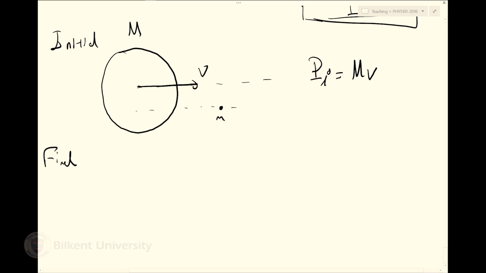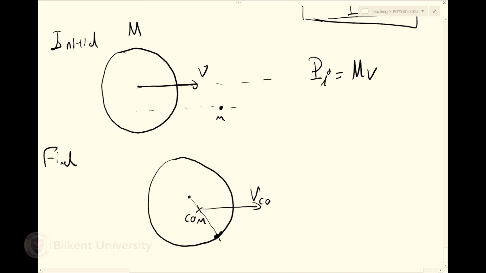Well, my final momentum is the following. If I want to find the v center of mass, my final momentum is always total mass times velocity of the center of mass.